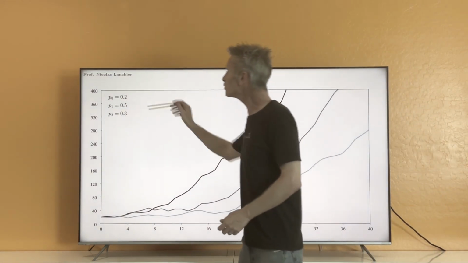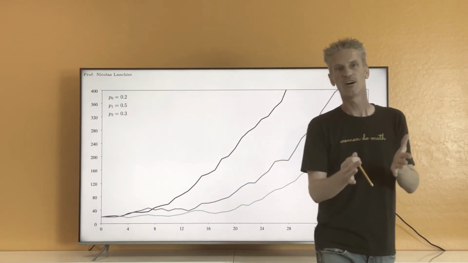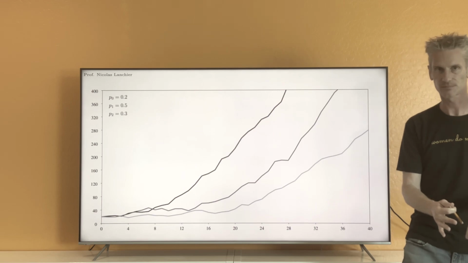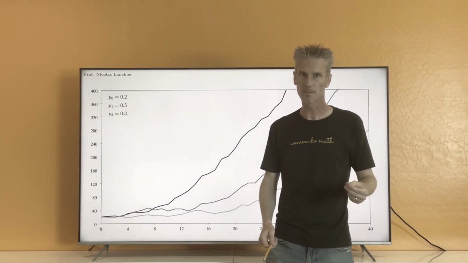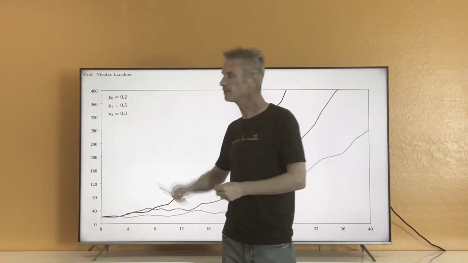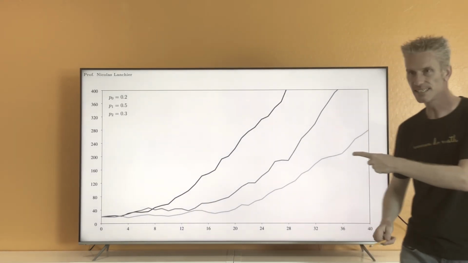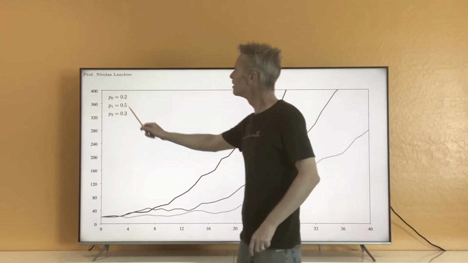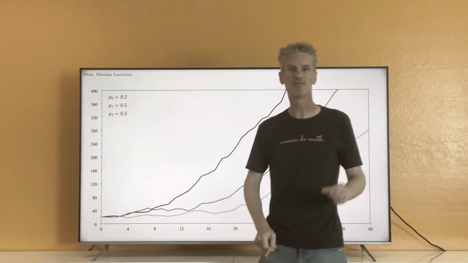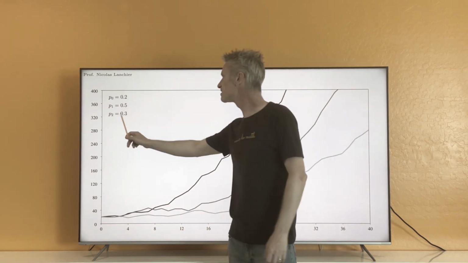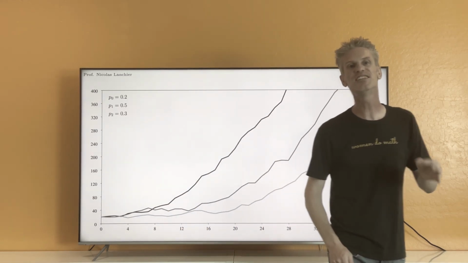Now, how do we actually compute the probability of survival in this case? Well, we need to find the fixed point of the probability generating function. The probability generating function is equal in this case to 0.2 plus 0.5 times theta plus 0.3 times theta squared.